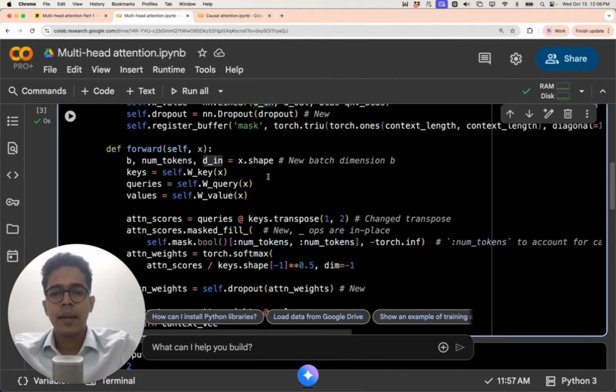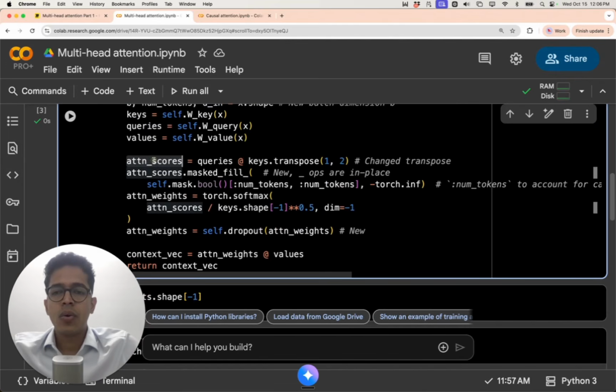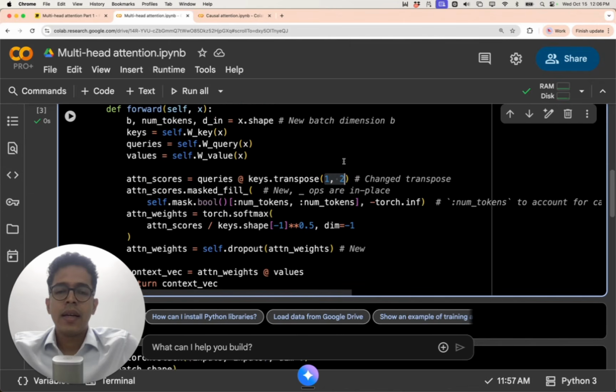d_in is 3. Then attention score is nothing but the dot product between queries and keys. So queries multiplied by the transpose of keys. So can you guess why we do transpose of 1, 2? The reason is the first dimension, or 0th index dimension, is the batch.